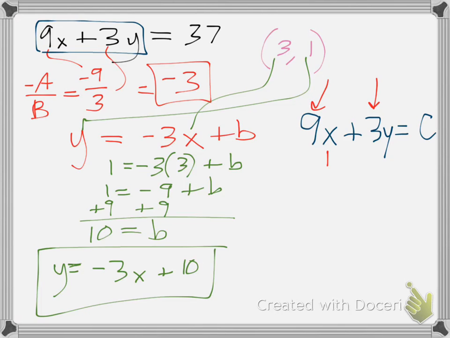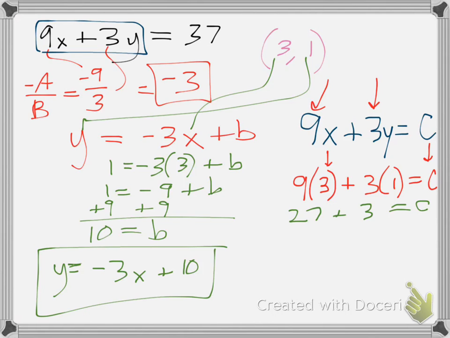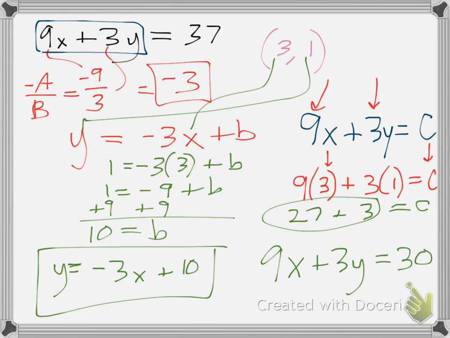And then if you plug in your 3 in for x and your 1 in for y, you'll notice that you only have one variable left, and that's the c. So if we solve for c and then we write the equation, 27 plus 3 is c, c must equal 30, right? So then I can rewrite the equation as 9x plus 3y equals 30. And these are equivalent equations. They are the same exact line in different forms.